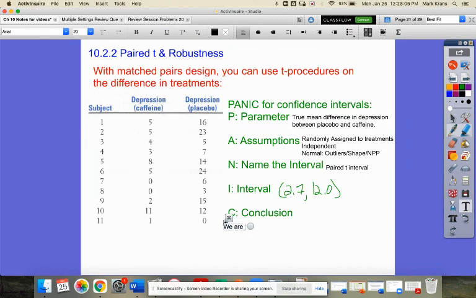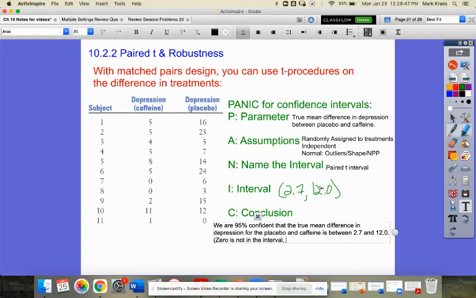Start out with, we are 95% confident that the true mean difference in depression for the placebo and caffeine is between 2.7 and 12.0. And really, what this means is it's not 0. 0 is not in the interval.